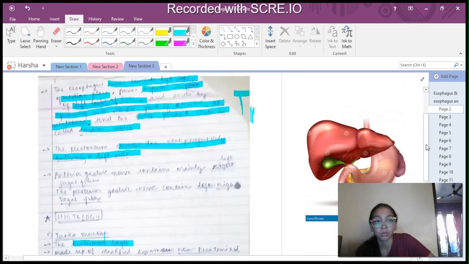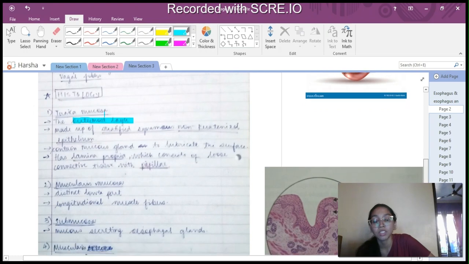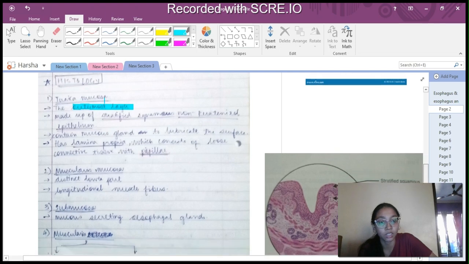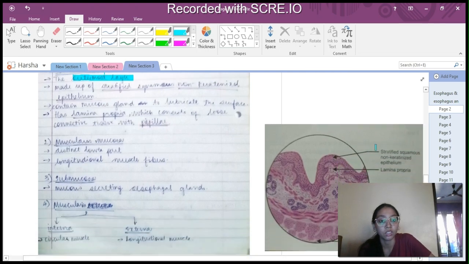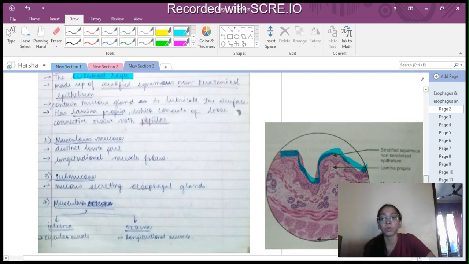The first layer which is present is known as the tunica mucosa. It is made up of non-keratinized stratified squamous epithelium.